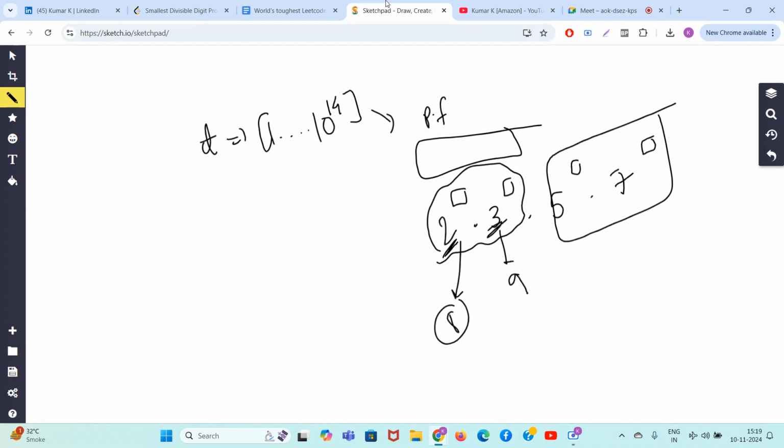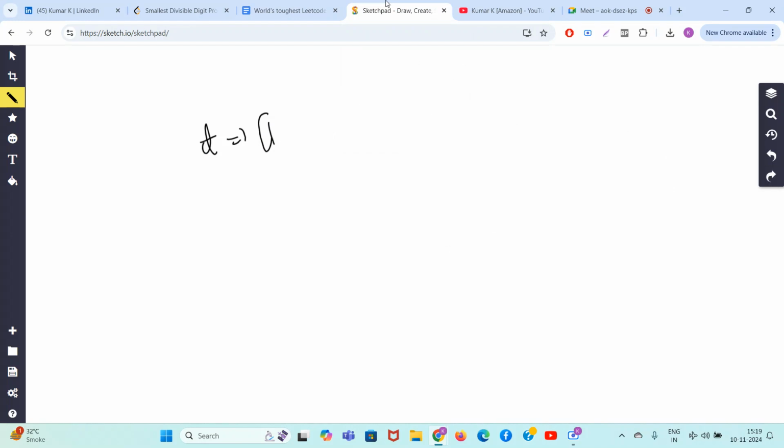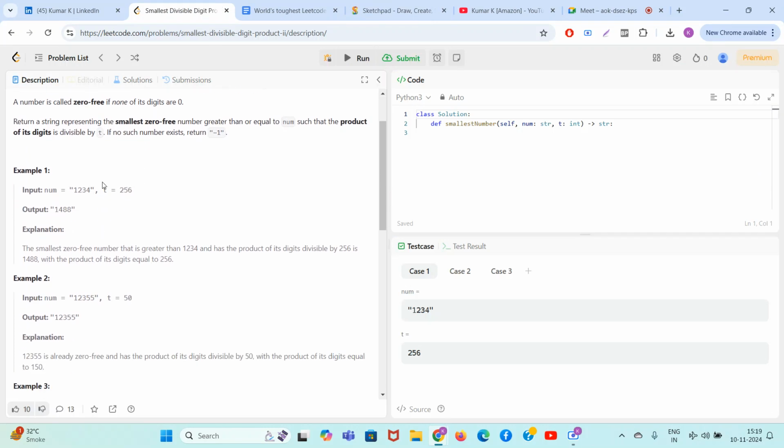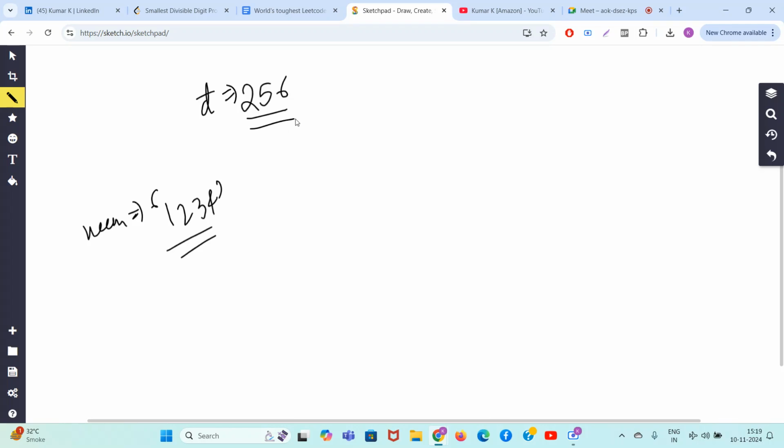So let's discuss it with some sample cases. For example, let's say t equal to 256, and the number is equal to 1234. Now t is 256, right?